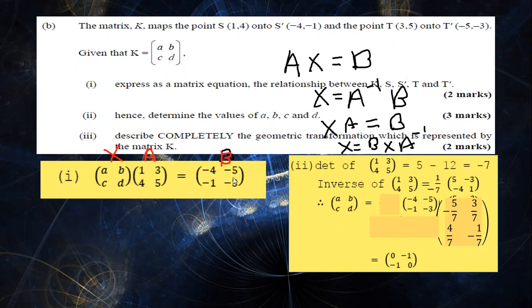So the question says, hence determine the values of A, B, C, and D. Well, A will be 0, B will be -1, C will be -1, and D will be 0. Any questions there?